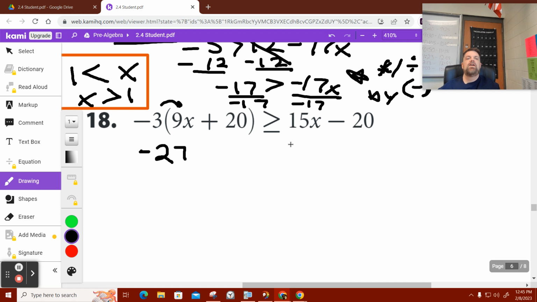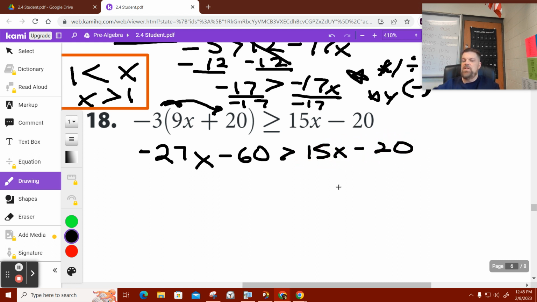Negative 27 what? X. All right, negative 3 times positive 20, you go. Negative 60. Very good. Is greater than or equal to 15x minus 20. Okay, now what do you want to do? Next person, what should we do? Solve them for x. Get all the x's on one side, all the other stuff on the other.